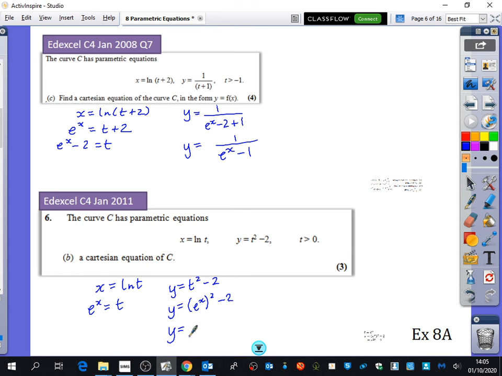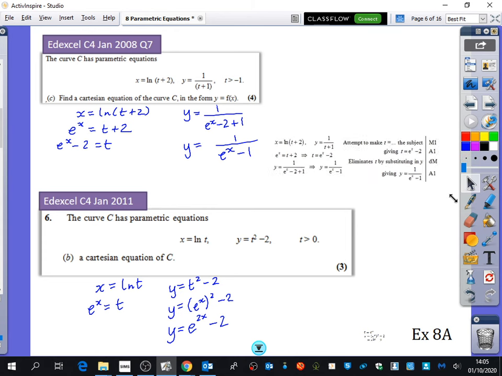What is e to the x squared? E to the power of 2x, okay? If you're not sure what e is, it's literally just a number. It's like pi, okay? So if you're seeing e and you're like, oh my gosh, what is it? It's just a number, so you're just going to follow all the same things that we would have done before. Because the powers are just multiplying, yeah? The powers multiply, so you get e to the 2x minus 2.